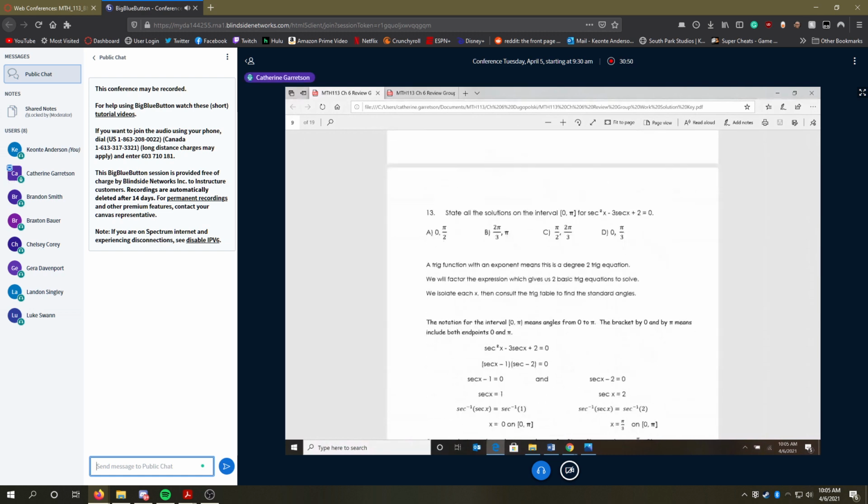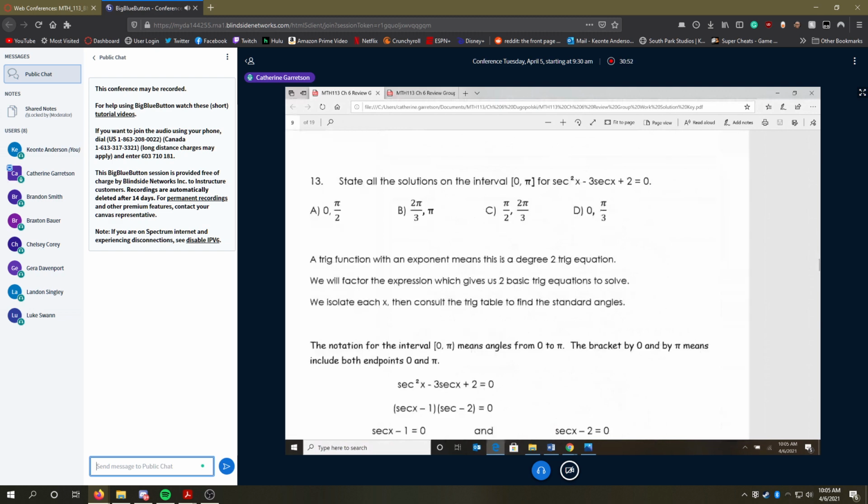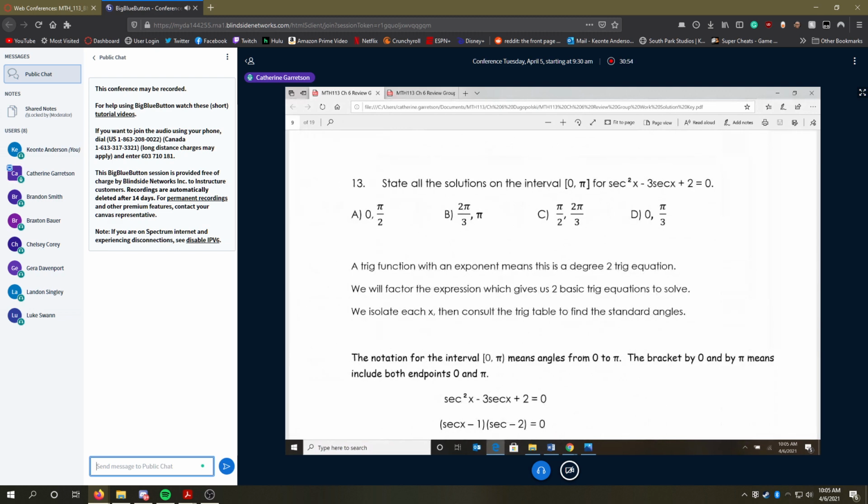State all the solutions for this equation on, now this time it just says 0 to pi, so that's just quadrant 1 and 2. Notice I've got two trig functions, one is squared, one is not. I'm going to need to factor this. So it's in quadratic form, 3 terms, no greatest common factor.